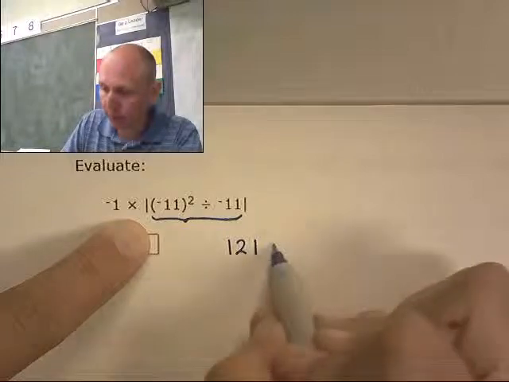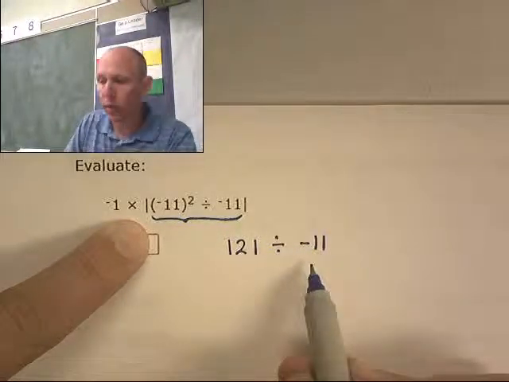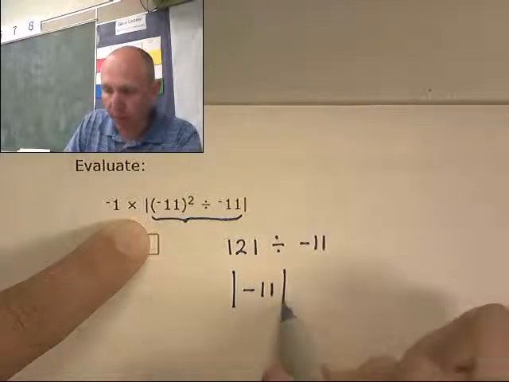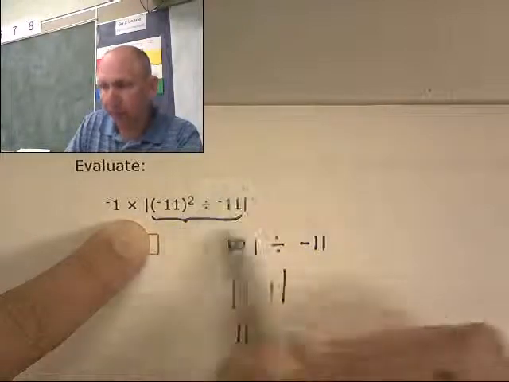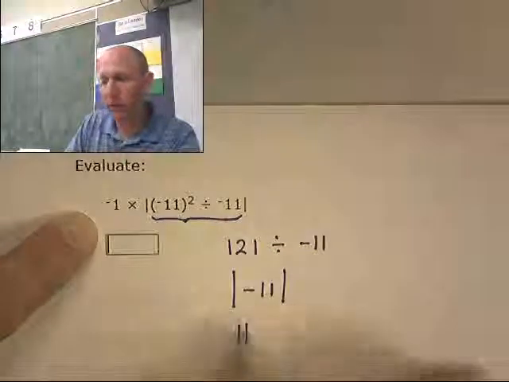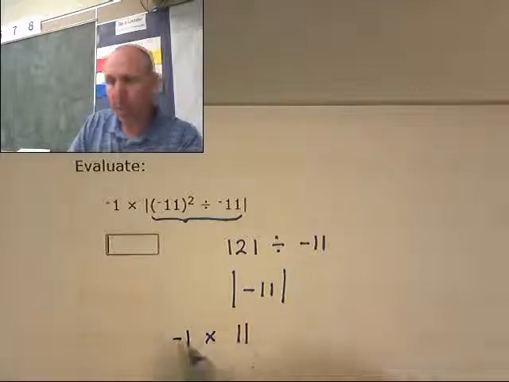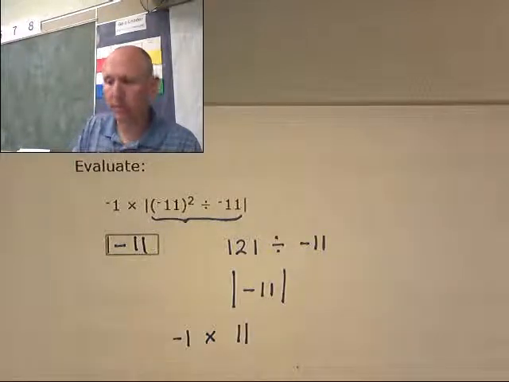What's 121? Divided by negative 11. 121 divided by negative 11 is negative 11. But I have to take the absolute value of that. That's going to be 11. So I've completed all the stuff up here in the absolute value. Out in front, I have negative 1 times 11. Negative 1 times 11 is negative 11.